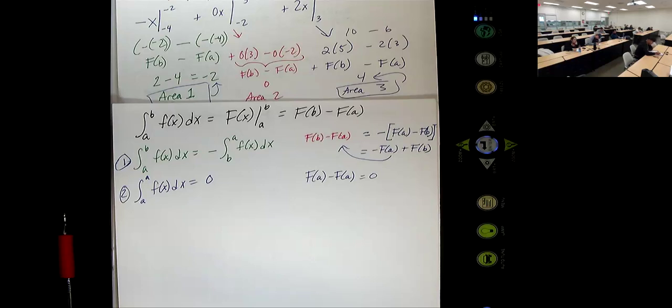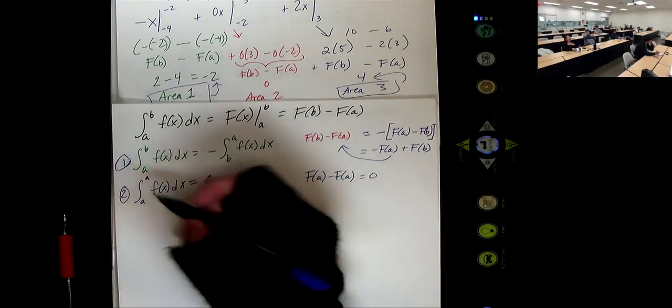We don't even need to know what the function is, it's the value at the same point, they're identical. Those two are kind of new and unique to definite integrals.